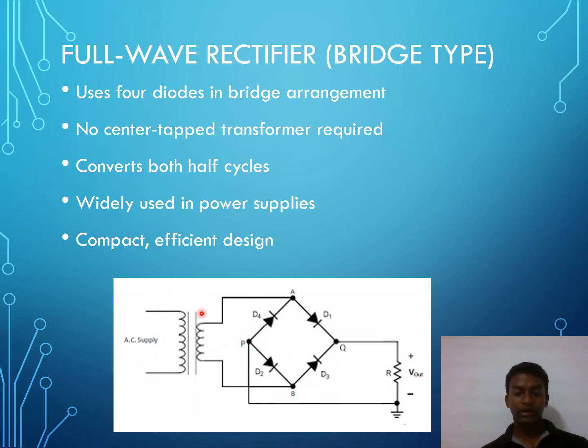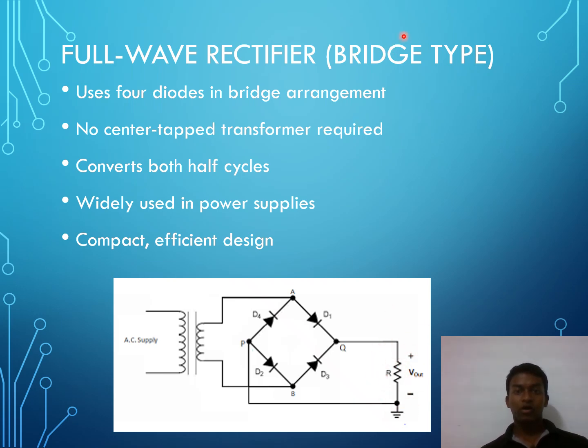During the positive half cycle, the diodes D1 and D2 will conduct, and the output of this is available at the load resistor. And during the negative half cycle, two diodes will conduct, and those two diodes are D4 and D3. The output of this half cycle is available across the load resistor.